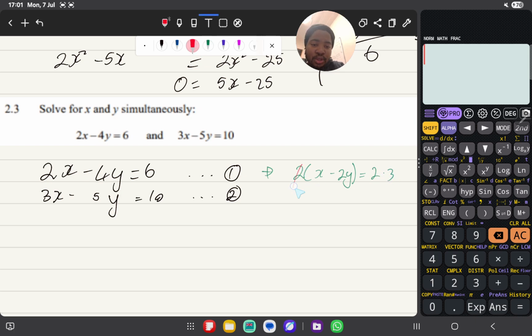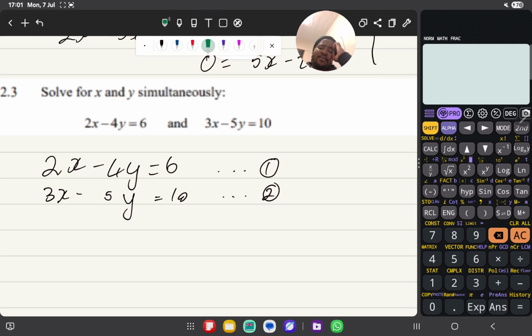And then these two will cancel out when you divide. Then from this you say 2x equals 2y plus 3, right? And then you use this for substitution, substituting this x into the other equation, and then you go on. It's going to be very easy. That's just the truth, but I'm going to use the elimination method.